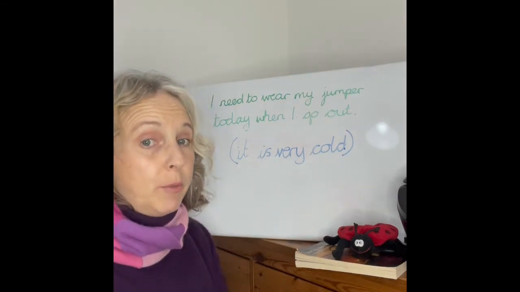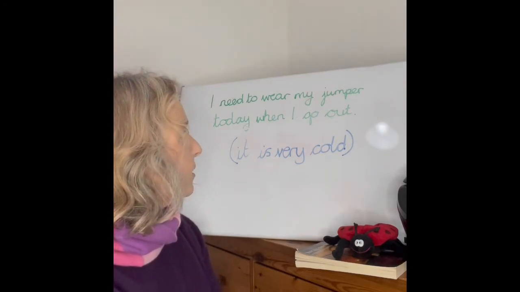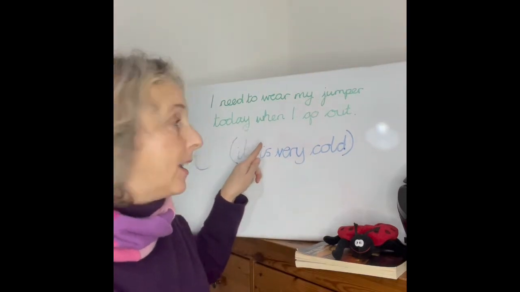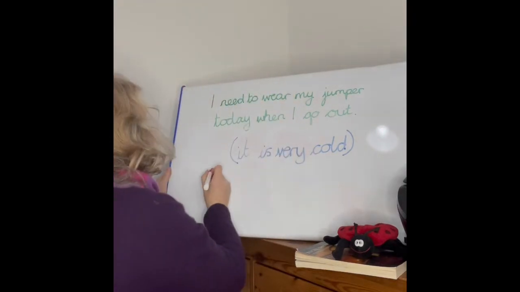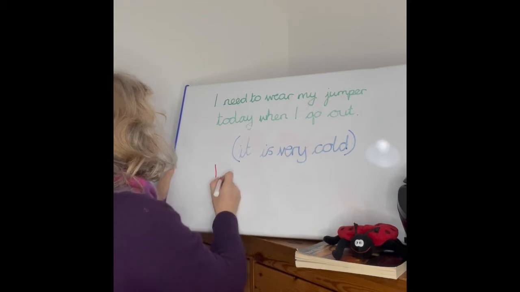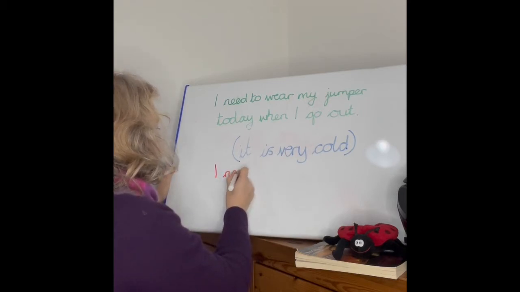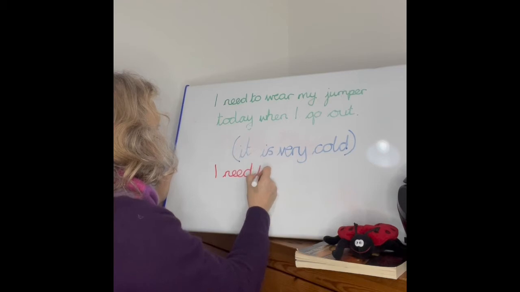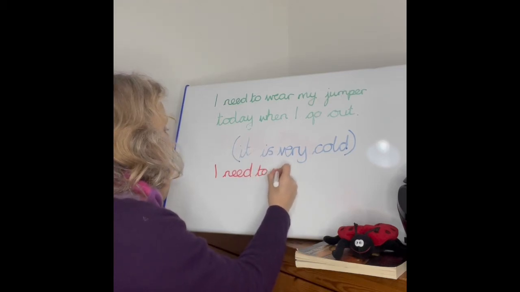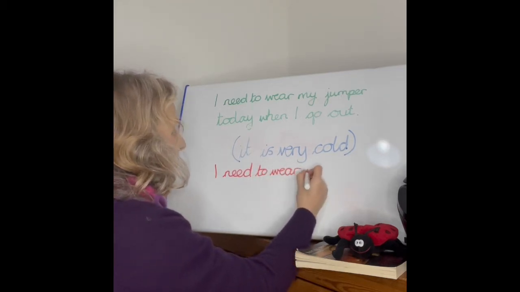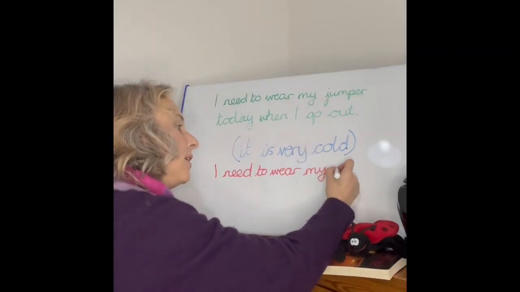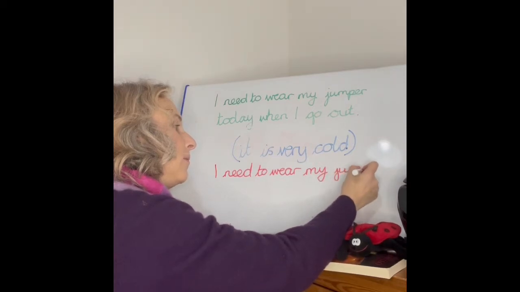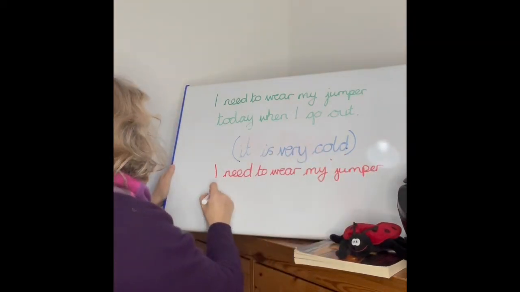So you should have put in your book, I need to wear my jumper today, brackets, when I go out. Shall I show you what it would look like? In your best handwriting, I need to wear my, curl my jumper today.